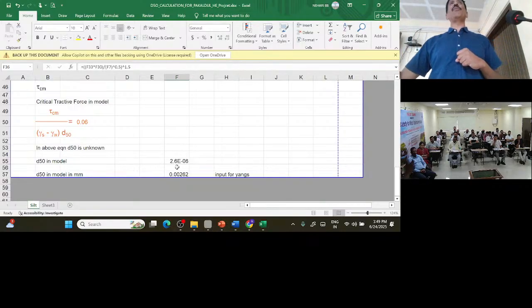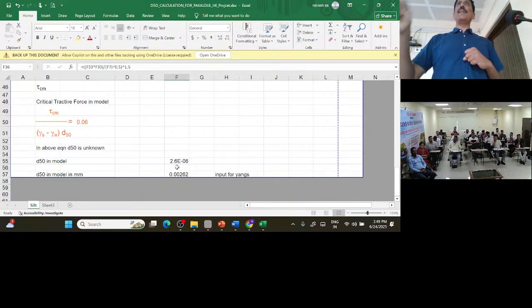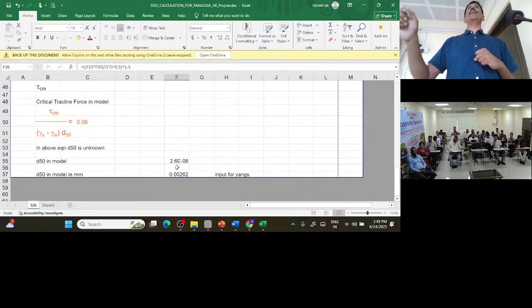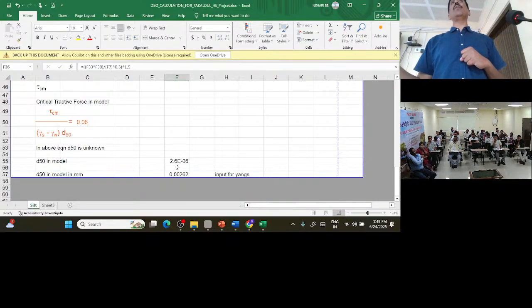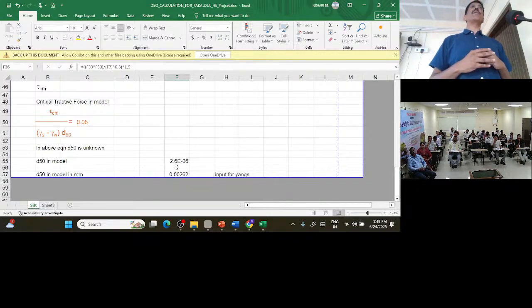So now we get the D50 for the model. That particle we have to use, and it should match the particle you are having in the model. So that should be the computational procedure we are using.